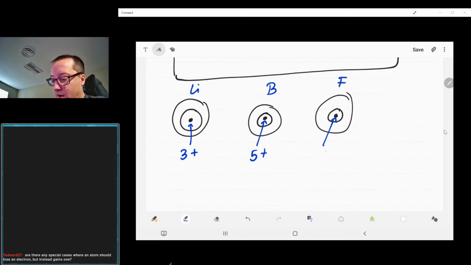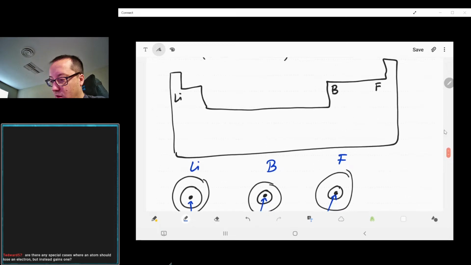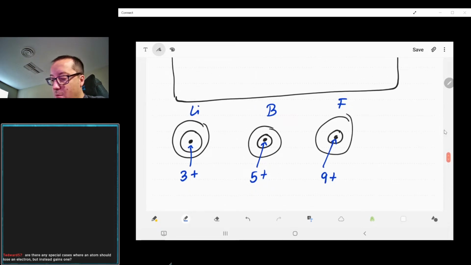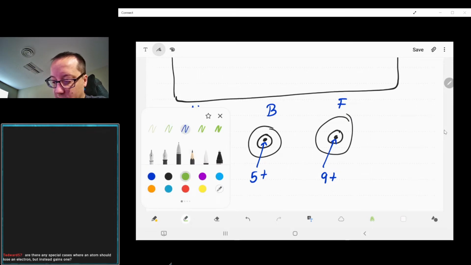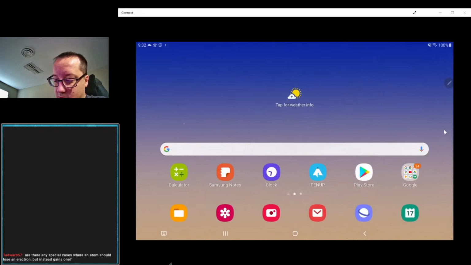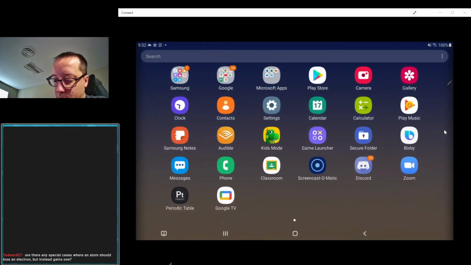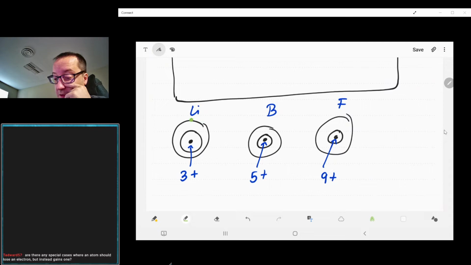And then fluorine is 9 protons, I think. Yeah, 9. And so, if we were to think about these, we have, of course, a bunch of electrons in here that are the reason that we have all these various shells and things happening here.